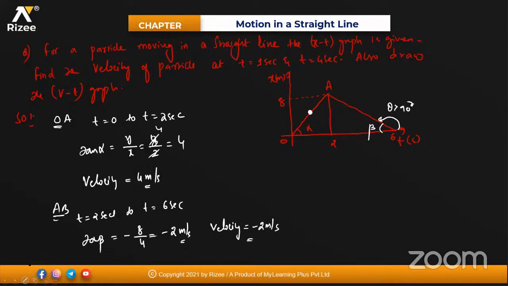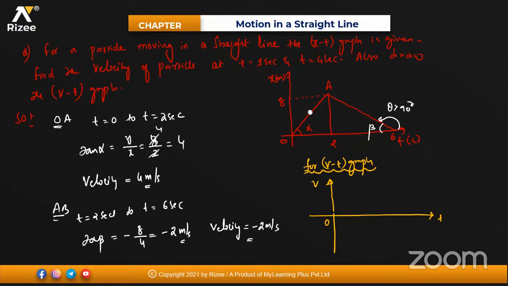Now for the v-t graph, what will we do, beta? For the velocity versus time graph, this is your origin, this is your velocity, and this is your time. Now tell me, 0 to 2 seconds, what is the velocity? 4 meter per second.